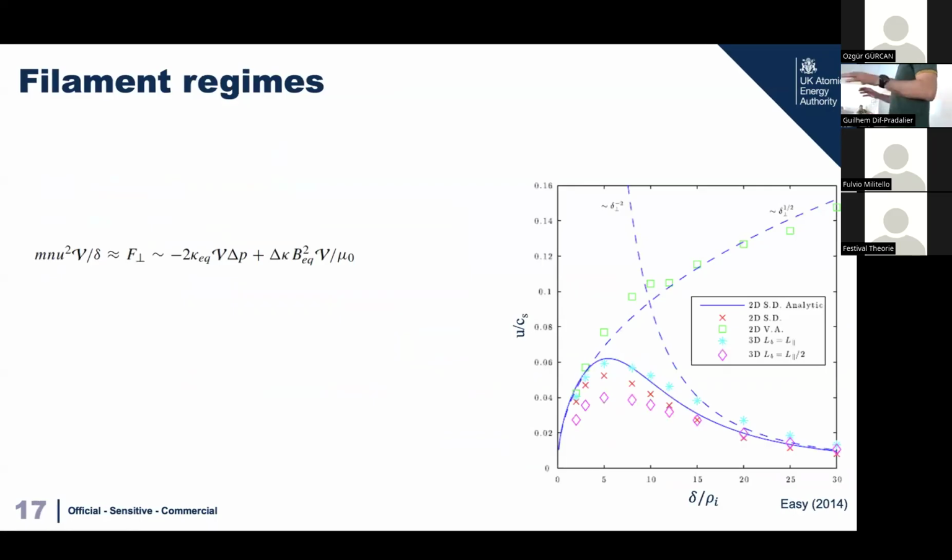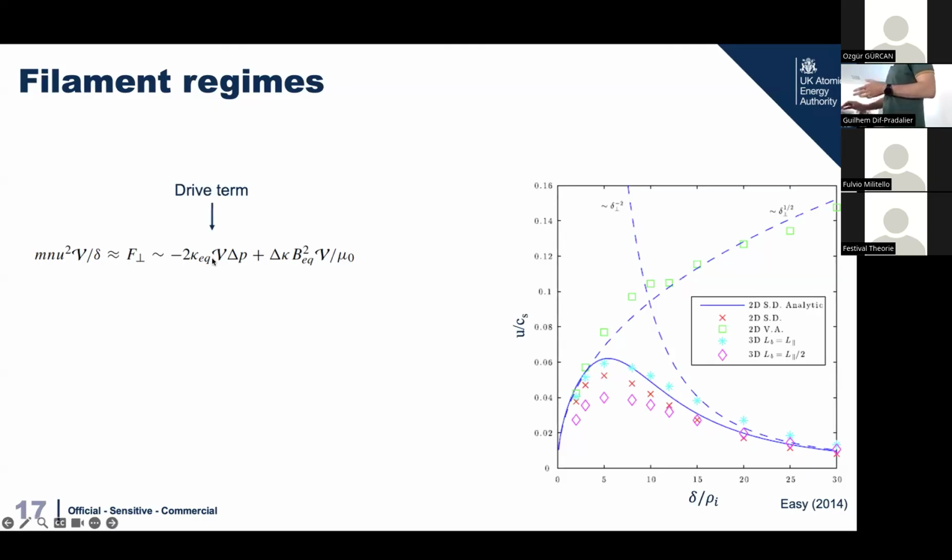Okay, so what we can then do once we have our force in the form that I showed before is to do some scalings and balancing the terms in Newton's second law. F equals ma fundamentally. So this is the inertial term, ma, and this is the force that I've been discussing so far. So this is going to be the drive term for filaments. There is always going to be a pressure perturbation. This is what defines the filament itself.